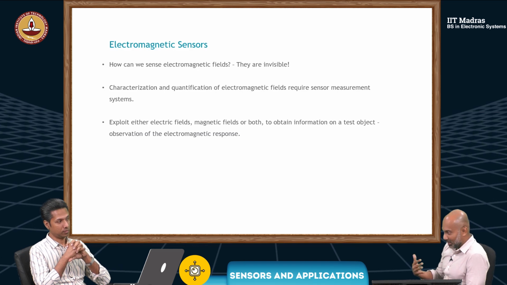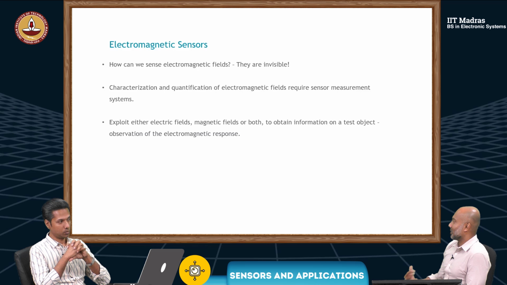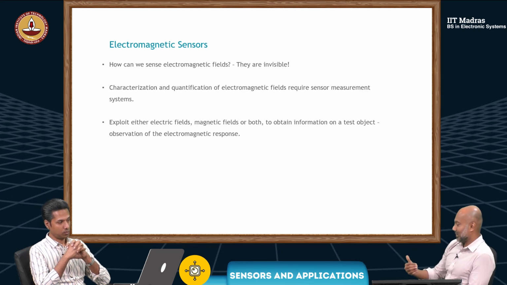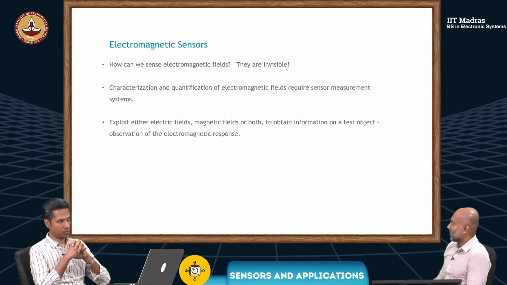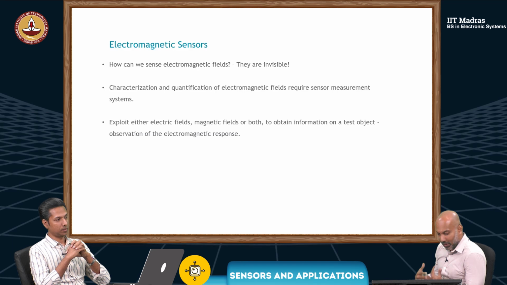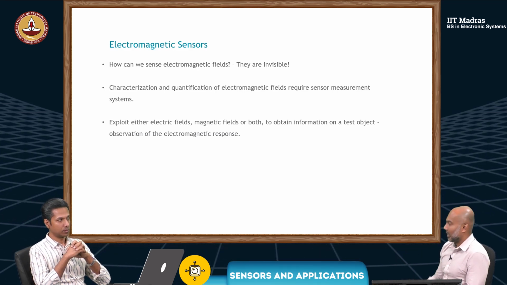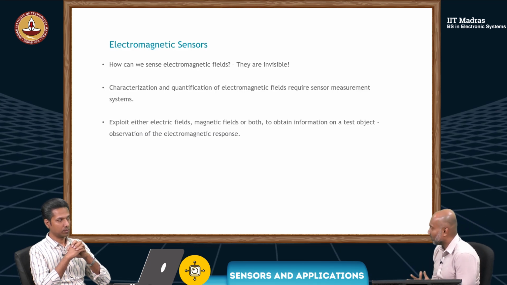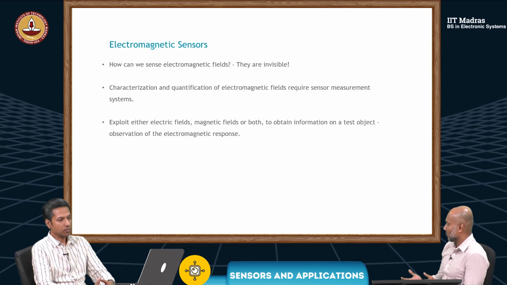We have all these fields, we know they're there, and there are equations that describe them, but we also need to somehow measure them, and this is where our electromagnetic sensors come in. Electromagnetic sensors will exploit electric or magnetic fields to get more information about something of interest to us, depending on the application and the use case.